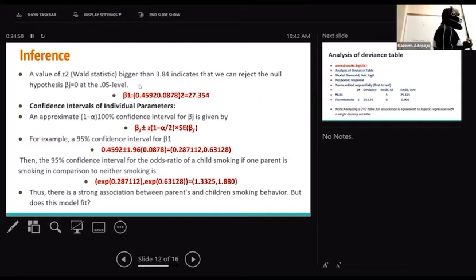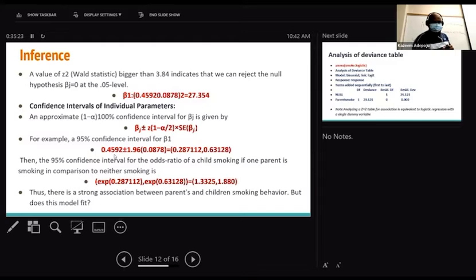If you want to construct a confidence interval for the beta, there's a difference between constructing a confidence interval for the log odds estimate and for the odds ratio. For the log odds estimate, what are you going to do? You're basically using beta j plus or minus z of 1 minus alpha over 2 times the standard error.